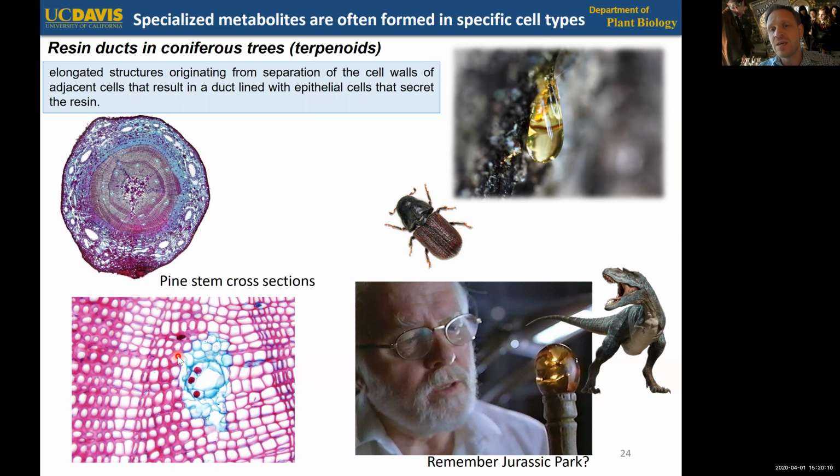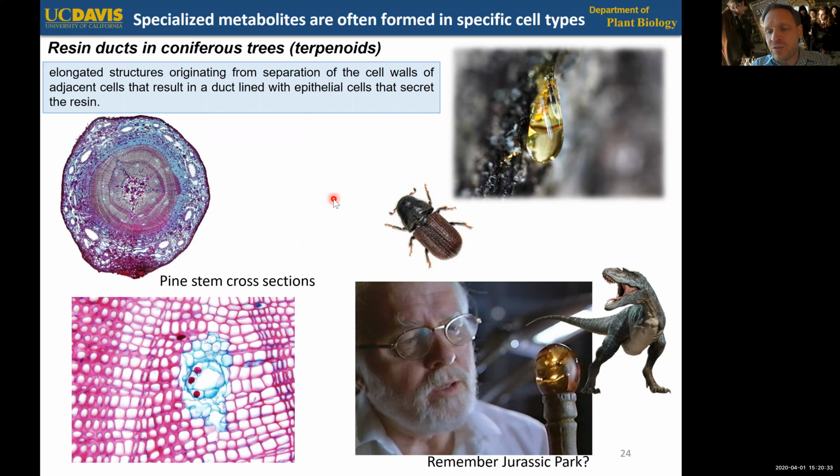The end result is that if you tap the tree, you have huge amounts of this resin coming out. This resin is probably 98% terpenes for most of these coniferous species, and it has a toxic function. It is toxic especially to fungal pathogens, but also to stem-boring insects like the bark beetle here.